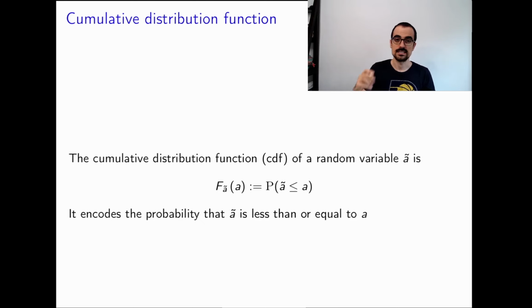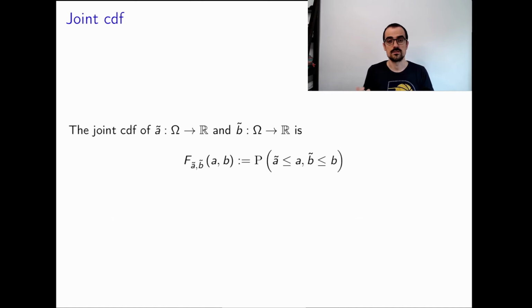Okay, so in the case of one single random variable, the cumulative distribution function is just the probability that the random variable is smaller than any specific value, for all possible real values. That defines a function, and that actually describes completely the probabilistic behavior of the random variable. In the case of two random variables, the joint CDF is defined in a very similar way.